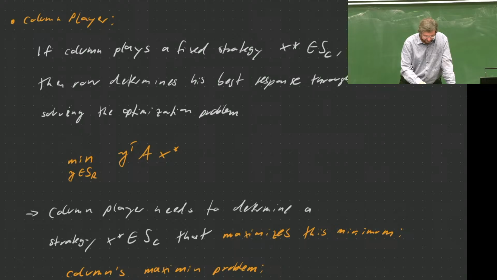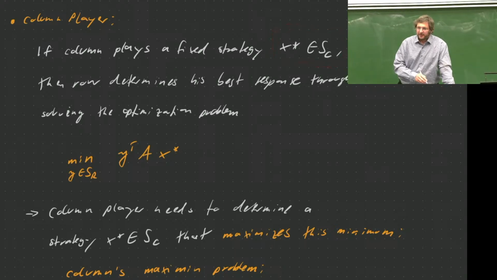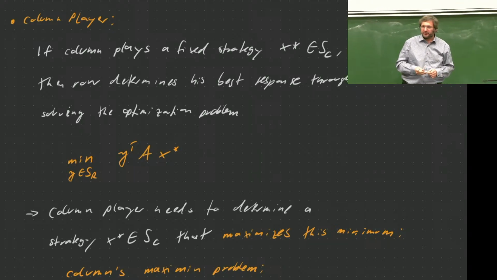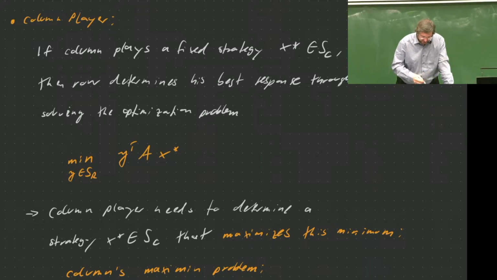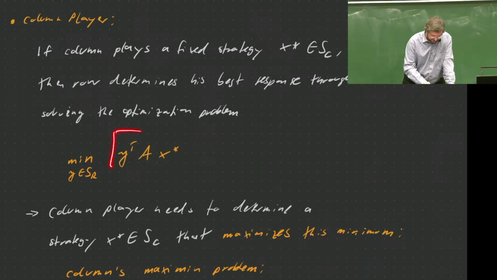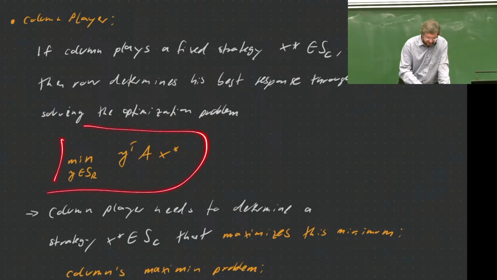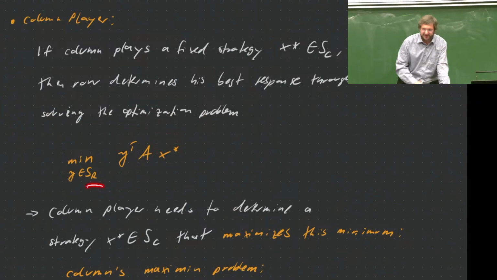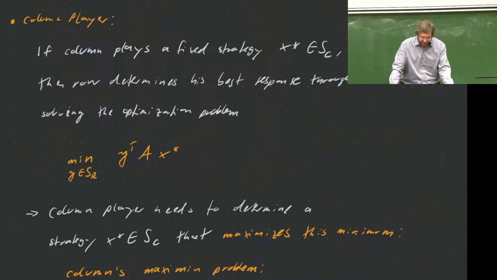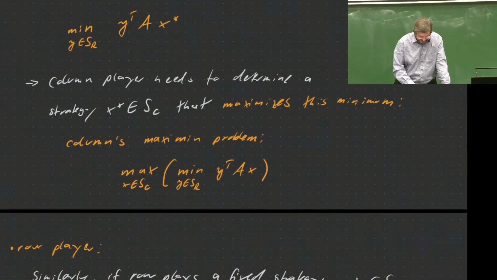If column plays a fixed strategy, then row will, of course, react to that, and row will play his best response to that strategy. Best response means row will look at the expected payoff given that X star, and he will minimize that over all row strategies available. Of course, column knows that.